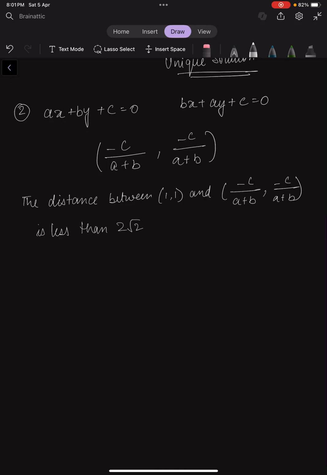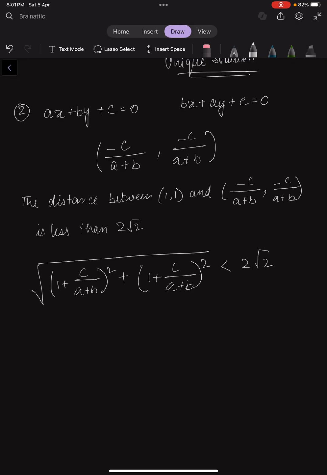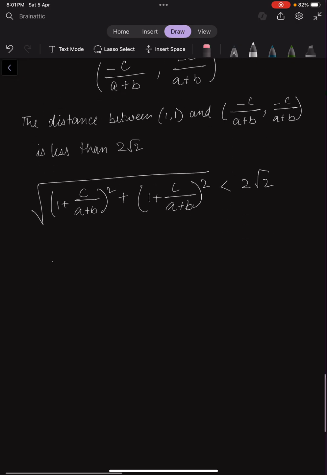So this implies 1 plus c by a plus b whole square plus 1 plus c by a plus b whole square is less than 2 root 2. If I solve this, very easily I find it coming as a plus b plus c by a plus b, times root 2, less than 2 root 2, correct?